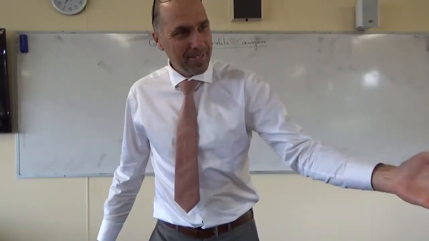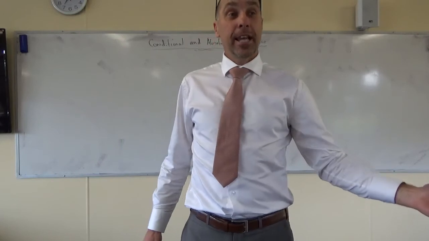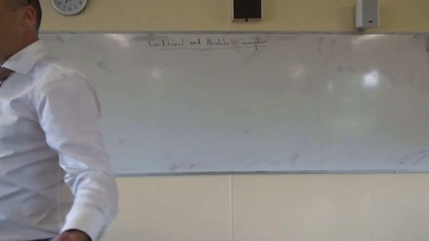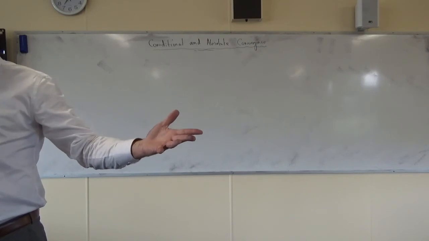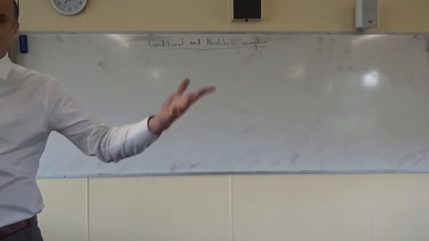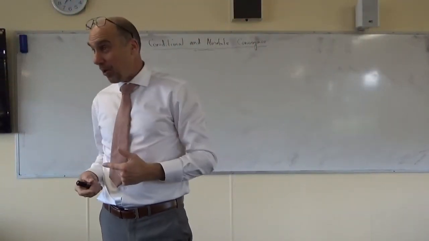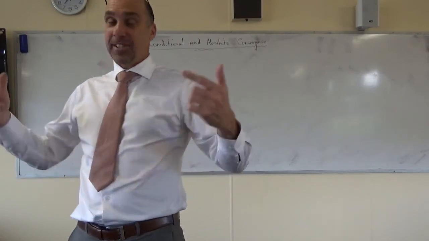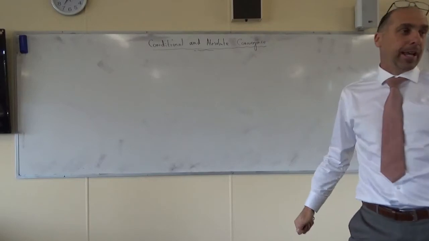Test 5, alternating series test. Test 5A is the error term. Just put that in the back of our mind. We've got that error term associated with an alternating series. Test 6 is what I'm going to call the absolute convergence test.